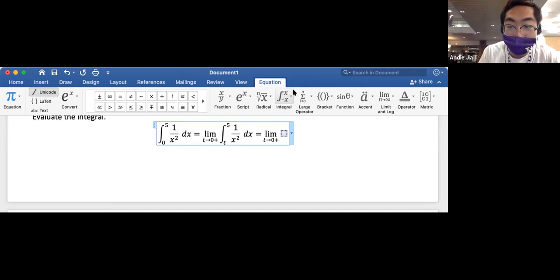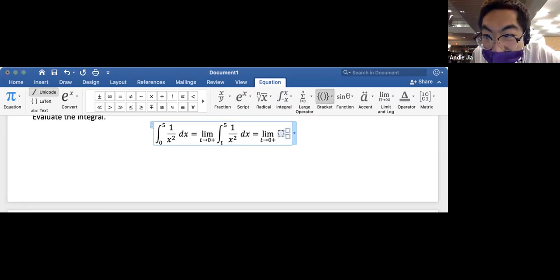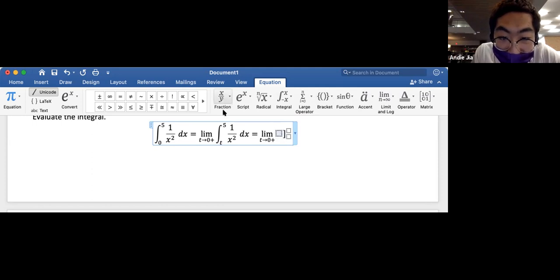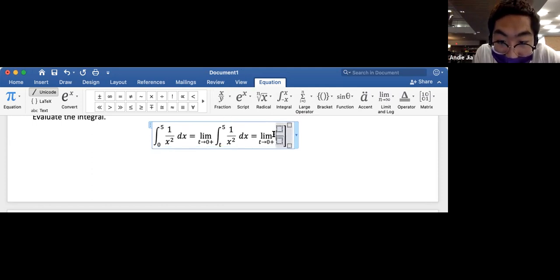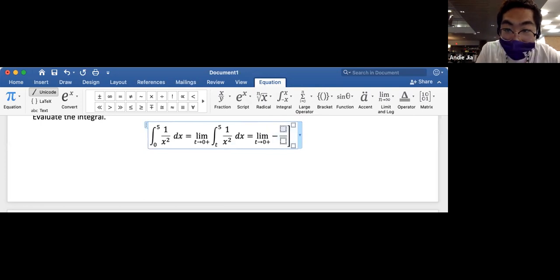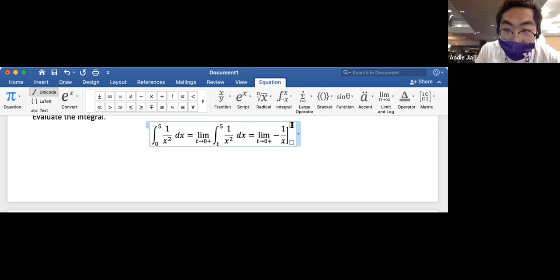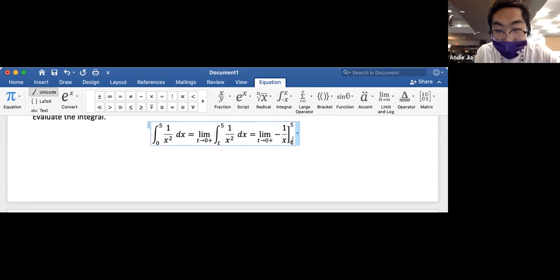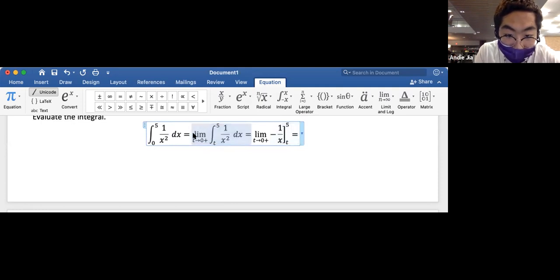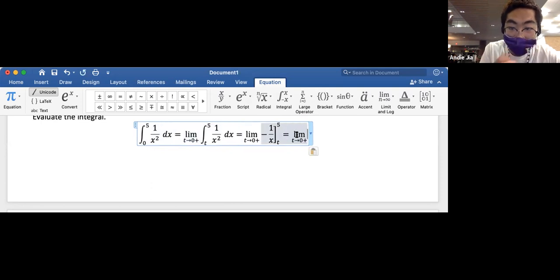This is just going to be negative 1 over x, from t to 5. It's still the limit computation.